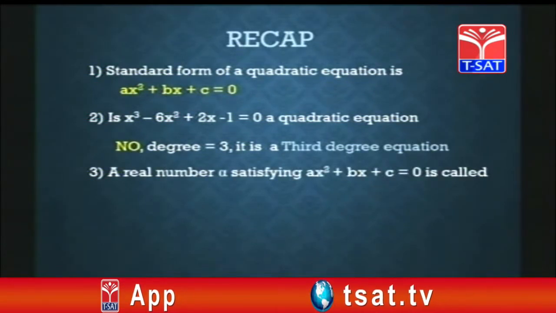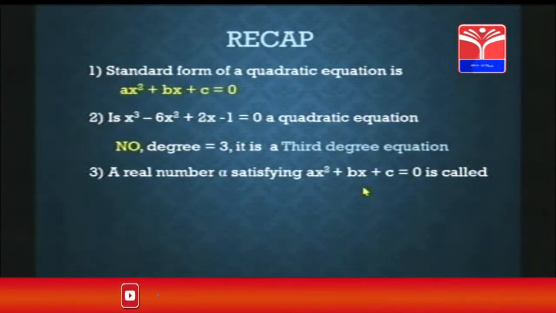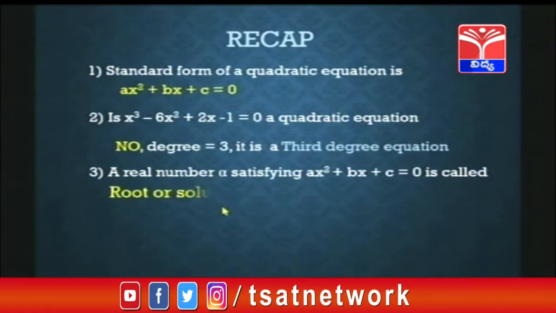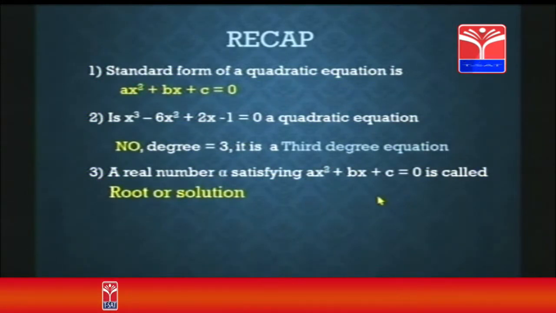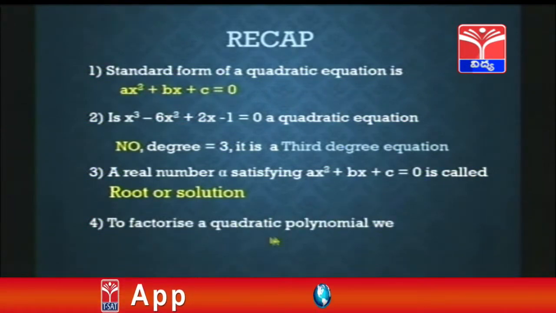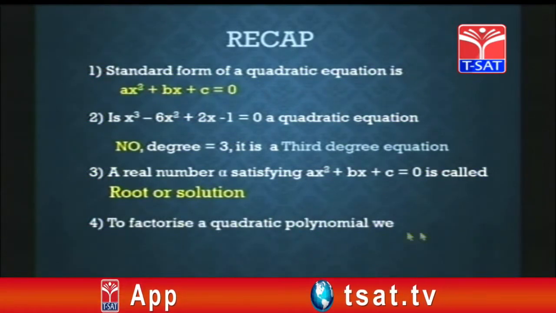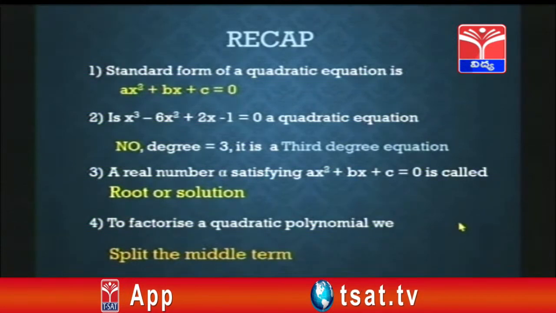Now, the third one is a real number alpha satisfying ax square plus bx plus c is equal to 0 is called a root or solution of a quadratic equation. Now, the last one, to factorize a quadratic polynomial, we split the middle term.